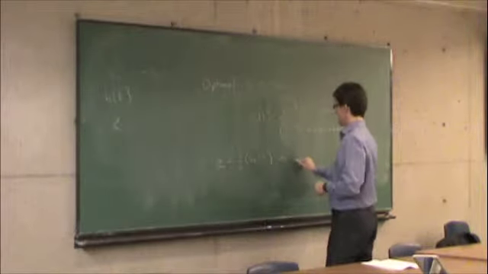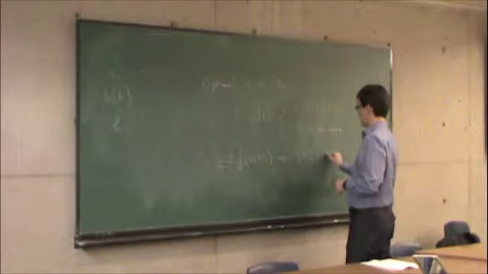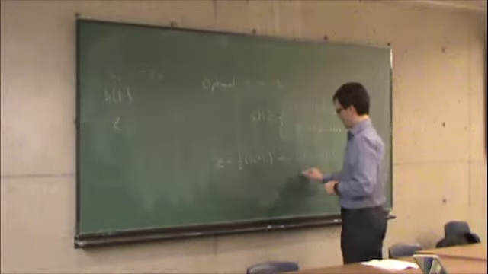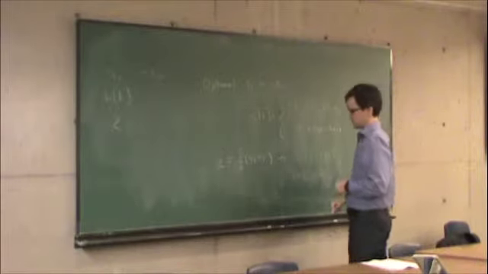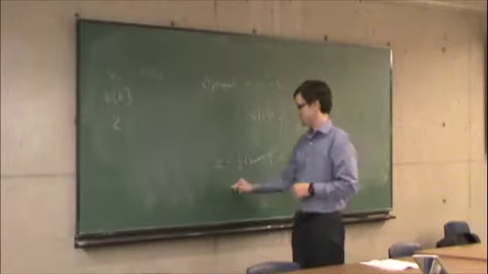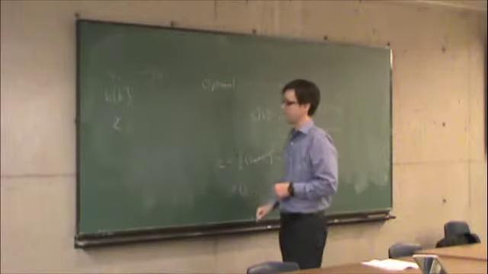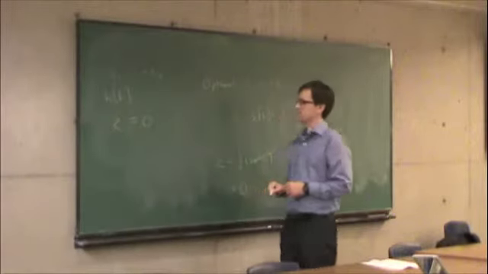But because negative S0 of k is equal to S1 of k, S0 plus S1 is 0, so the optimal Z is 0. So those are the two easy parts.